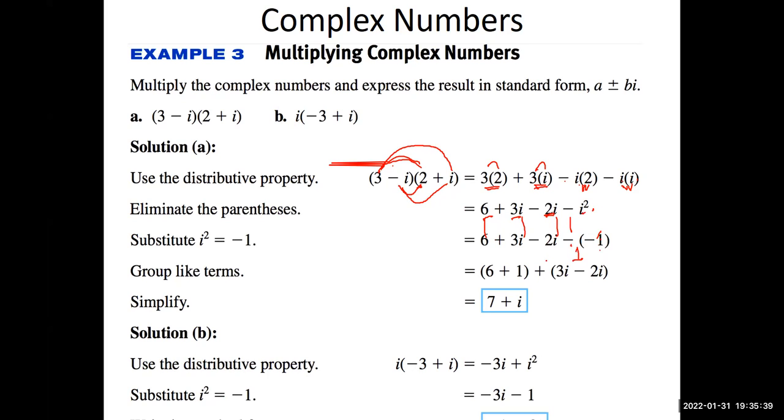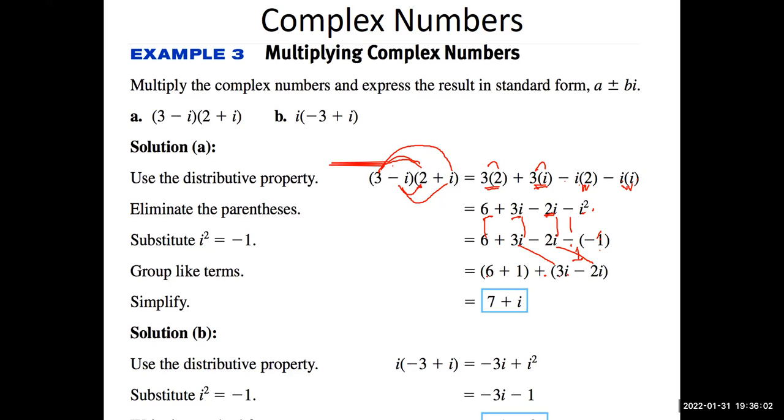It will give us positive 1. So let's group the terms to perform the addition and subtraction of complex numbers. So that is 6 plus 1 plus 3i and minus 2i.